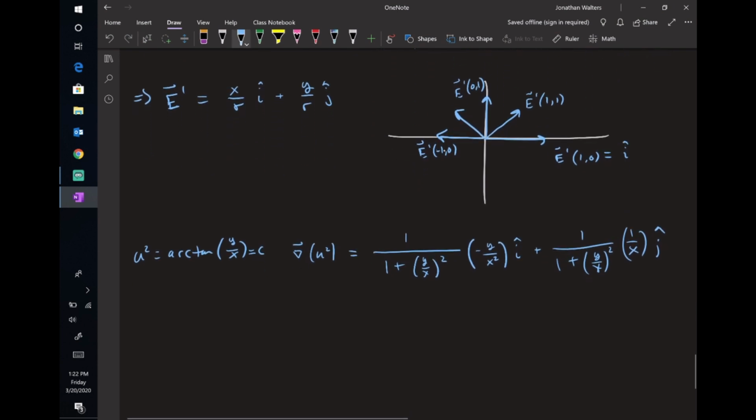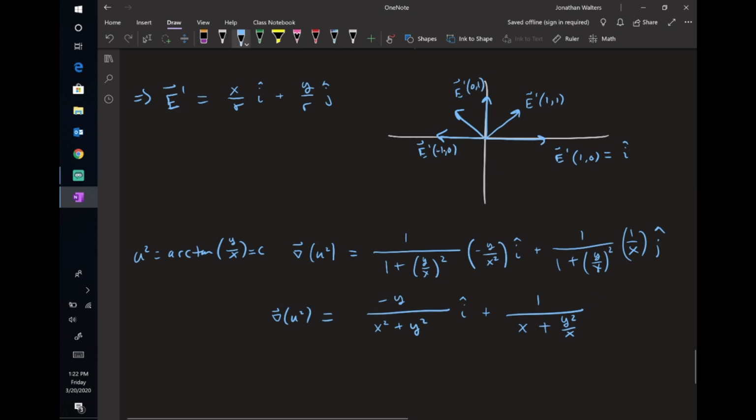So now distribute that and simplify the gradient of U2. We're going to get negative y over x squared plus y squared, i, plus 1 over x plus y squared over x, j.